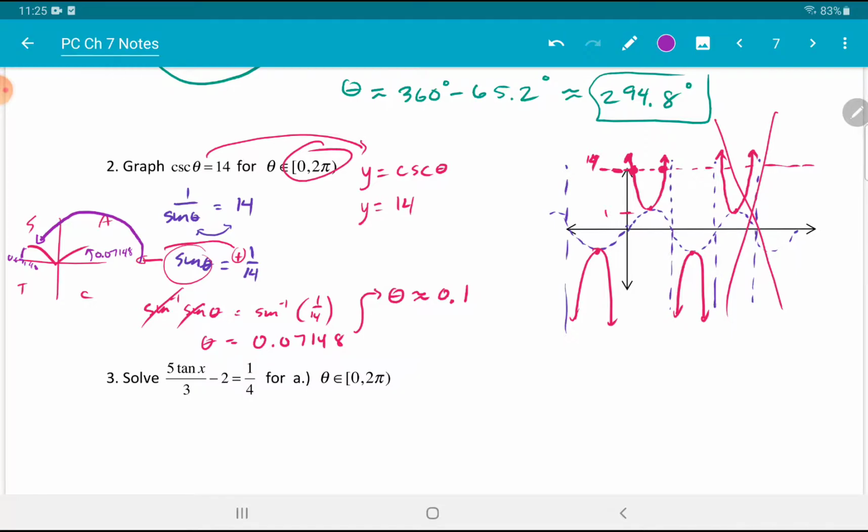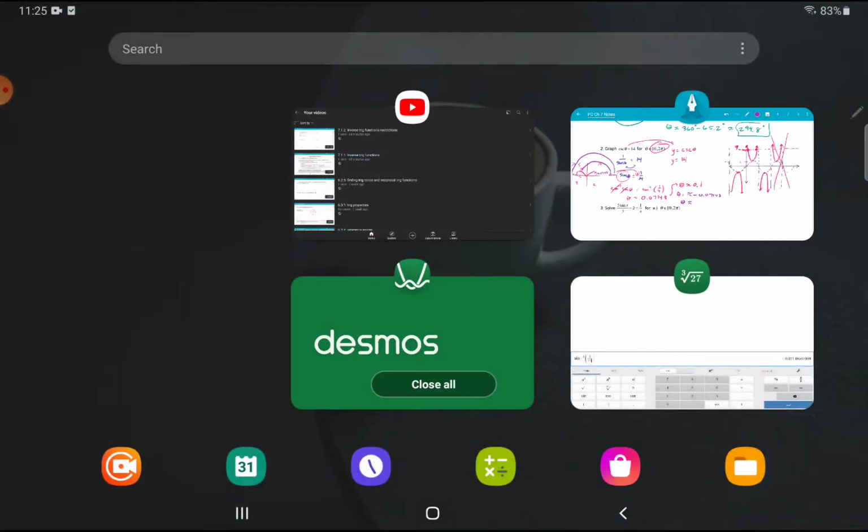How are we going to get that amount? We need to take a full semicircle and backtrack our reference angle that we know. So the other value we need is the value of a full semicircle, which is pi, and we're going to subtract that value of 0.07148. Let's go ahead and do that in our calculator.